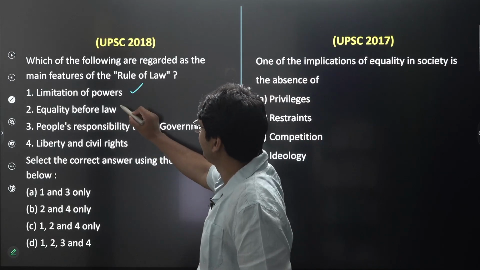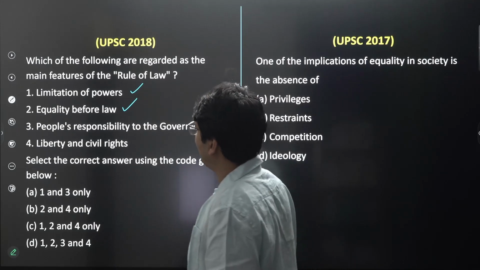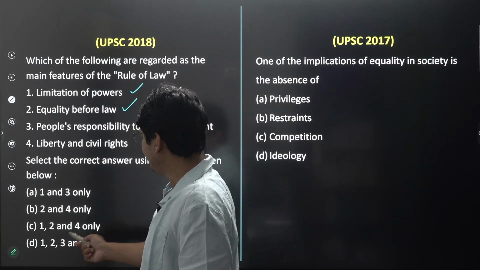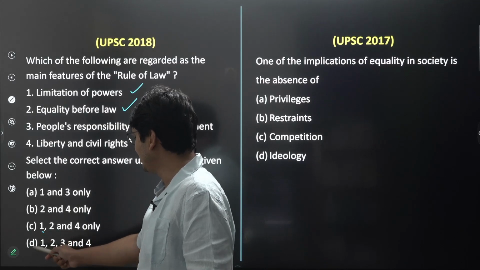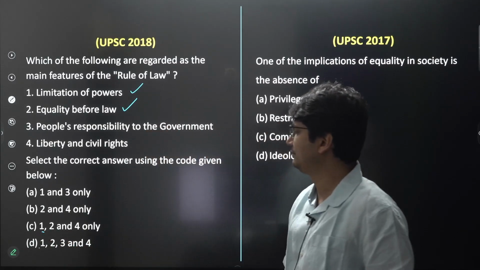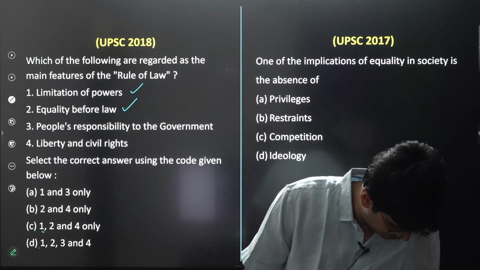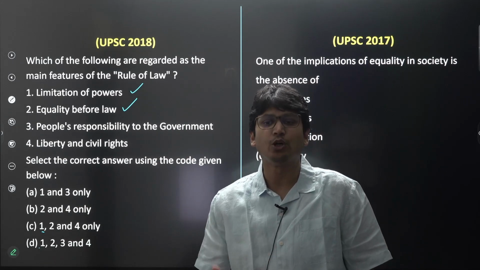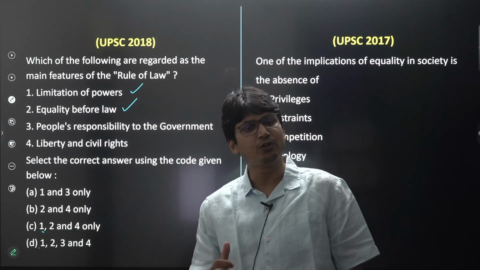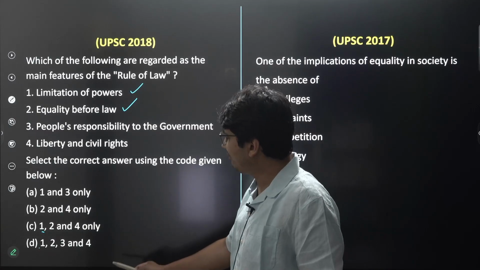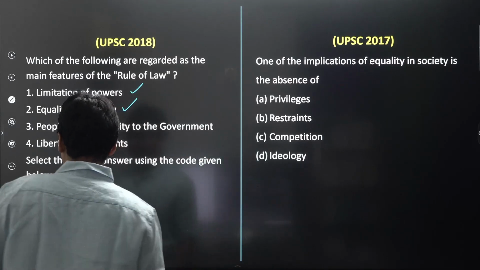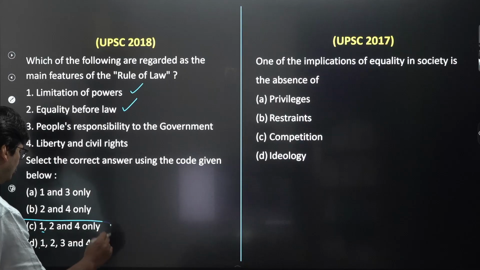Correct. So where are 1 and 2 present? Only here, in C and in D. That's how we calculate the options. If you're sure about 1 and 2, just see where you have 1 and 2. So the options you are left with are C and D. You have to choose between C and D.